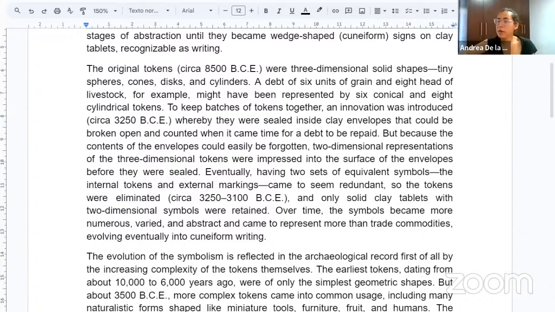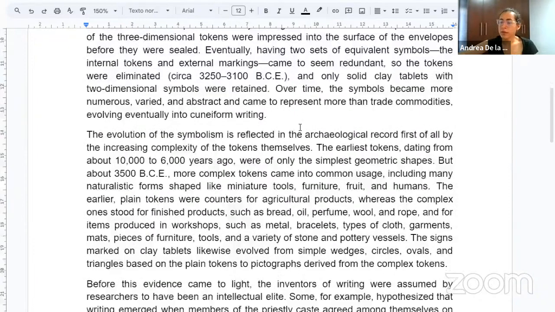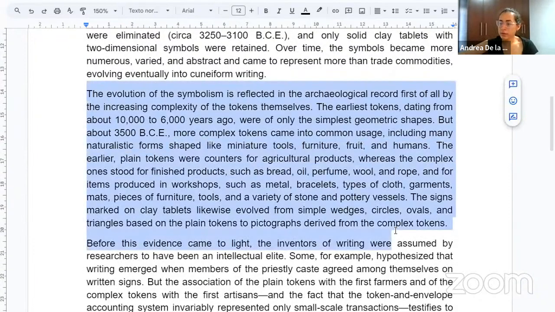Right, so yes, they talk about how they used symbols and tokens to represent different things, right? To represent debts in general. They talk about debts. In the next paragraph, what is it about?